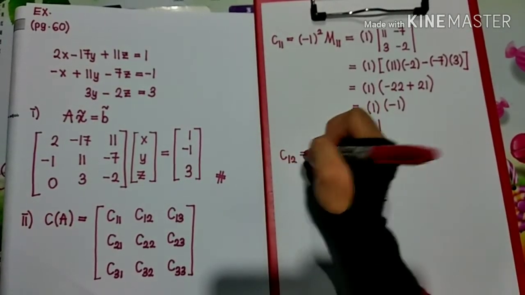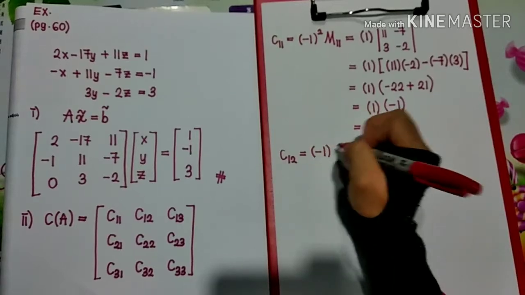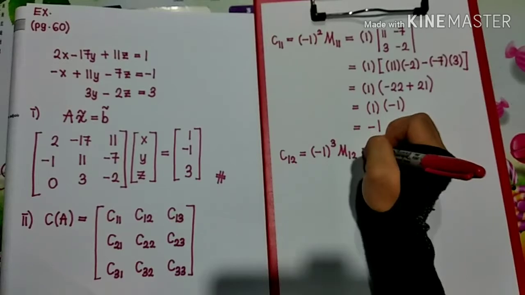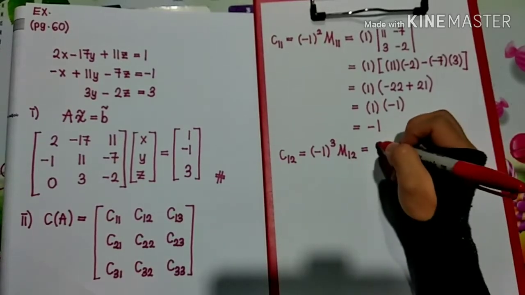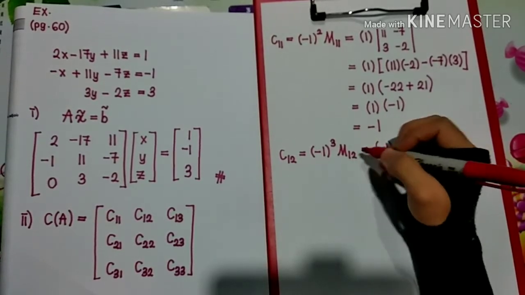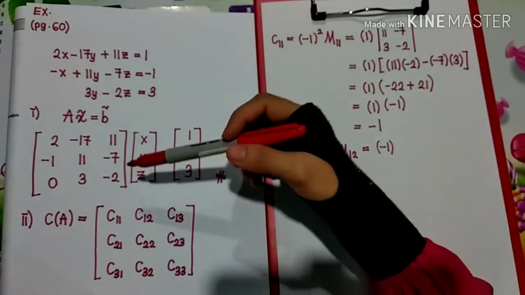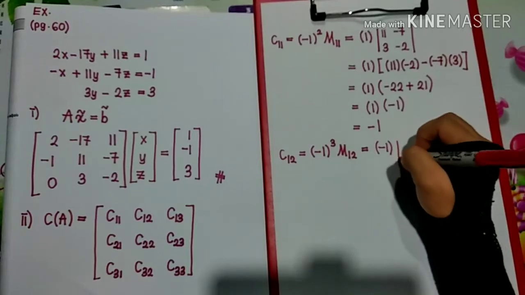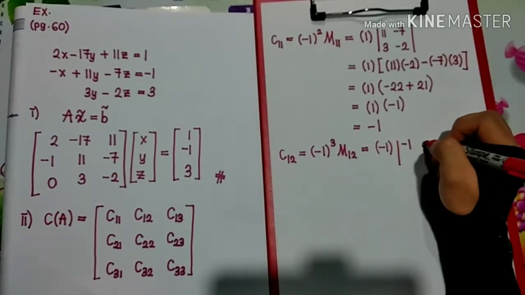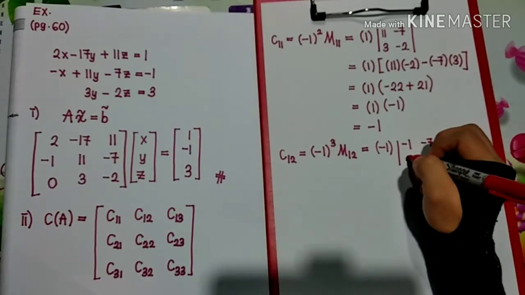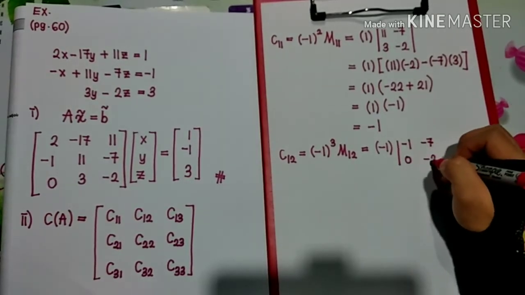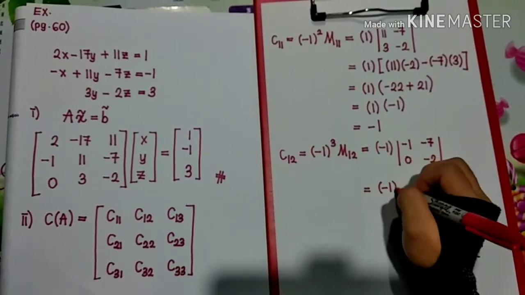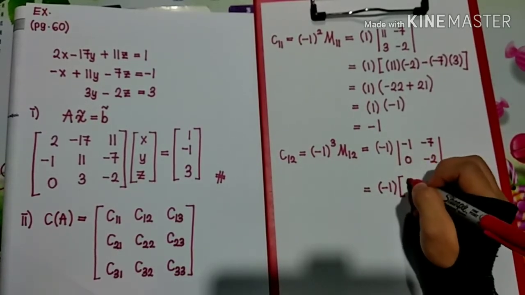Next, C12. So negative 1 power of 3, this one will be negative 1, times M12. So you delete the first row, second column. So you will get here negative 1, negative 7, 0, negative 2. And then you compute the determinant of the 2 by 2 matrix here.